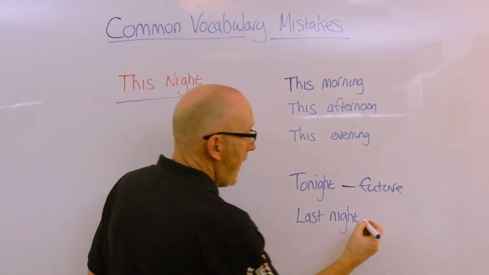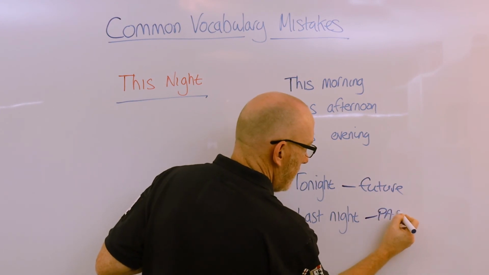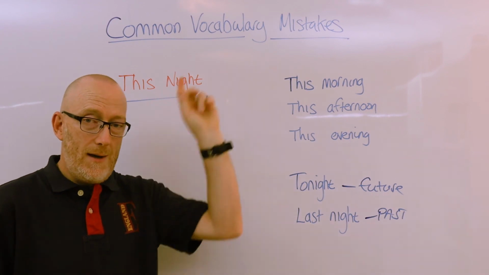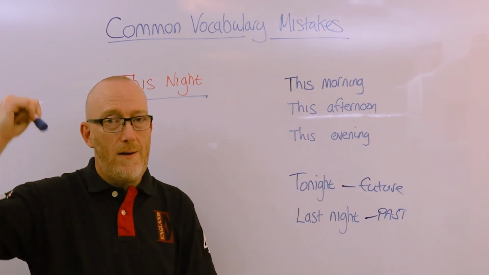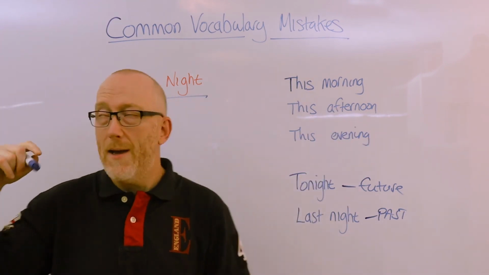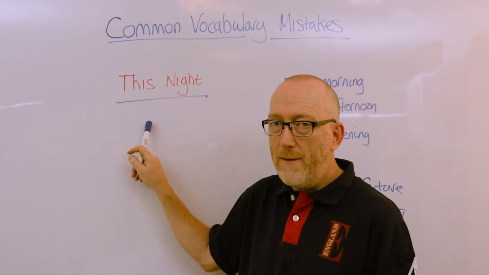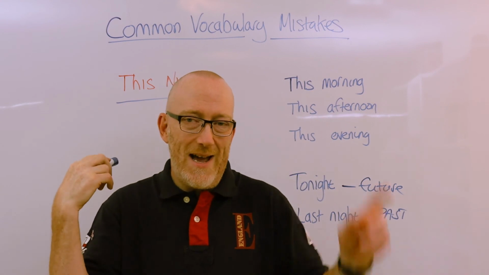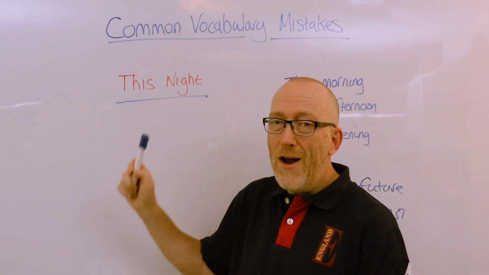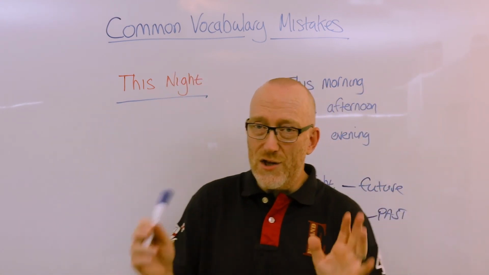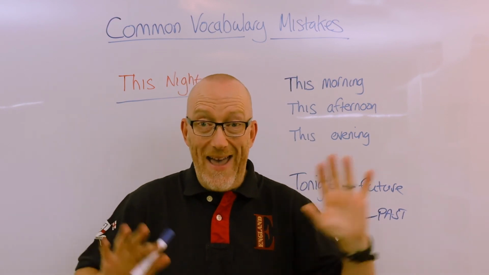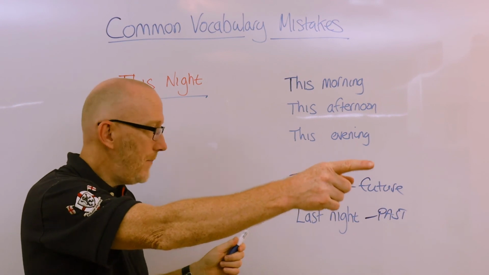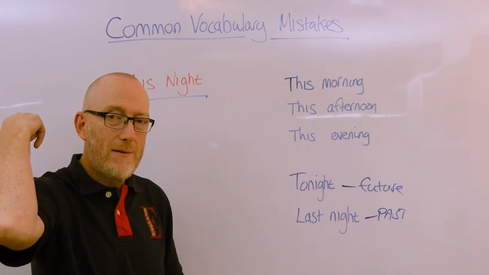So this is describing the past. Tonight, the future; last night, the past. Whereas a lot of you try to use this night to talk about the past and the future. It's wrong as a phrase in general, and it doesn't actually describe anything. So remember, tonight for the future, last night for the past.